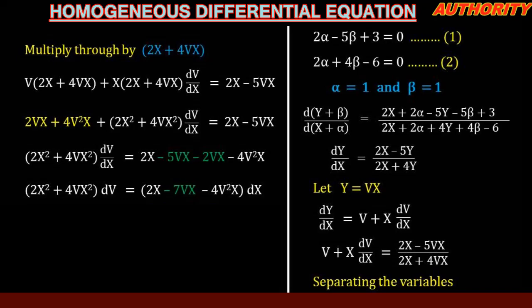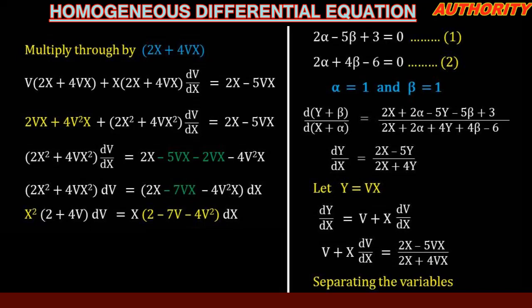Okay, so in the left hand side, let's factor out x squared in the bracket. When we factor out x squared, we're going to be left with 2 plus 4v in bracket dv. So we have x squared open bracket 2 plus 4v in bracket dv equal to, in the right hand side, where we are also going to factor out x, we are going to have 2 minus 7v minus 4v squared in bracket dx.